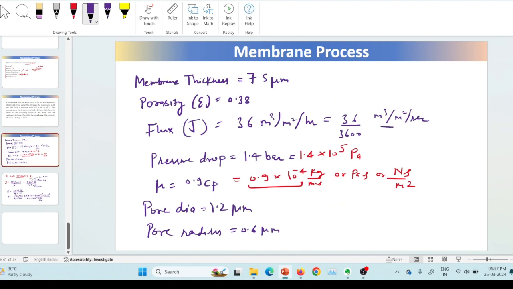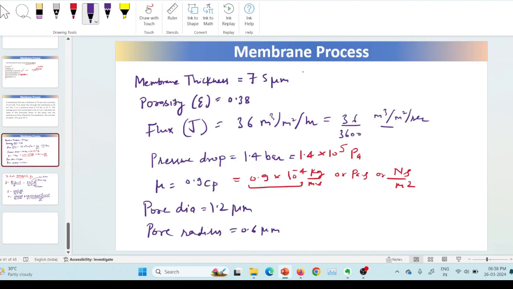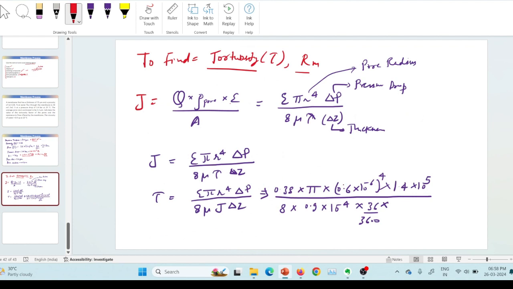And delta Z was the thickness of the membrane, 75 into 10 to the power minus 6 meter.